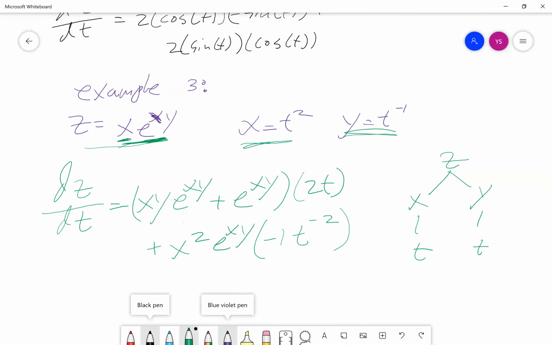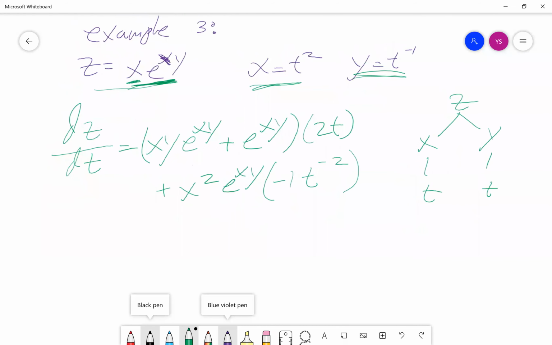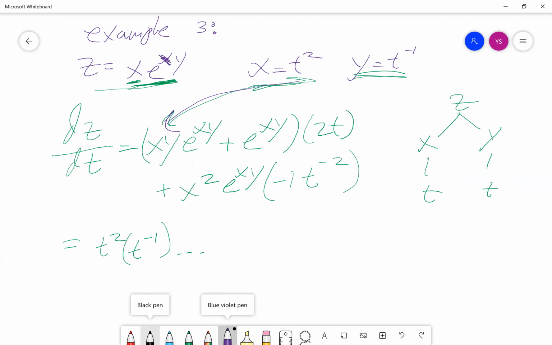And now we can just plug in our x and y, so we get that this is equal to t squared times t to the -1, and so on. Just plug in your x's and your y's, and you will get some formula only with respect to t, and that will answer the question. Any questions about this problem?